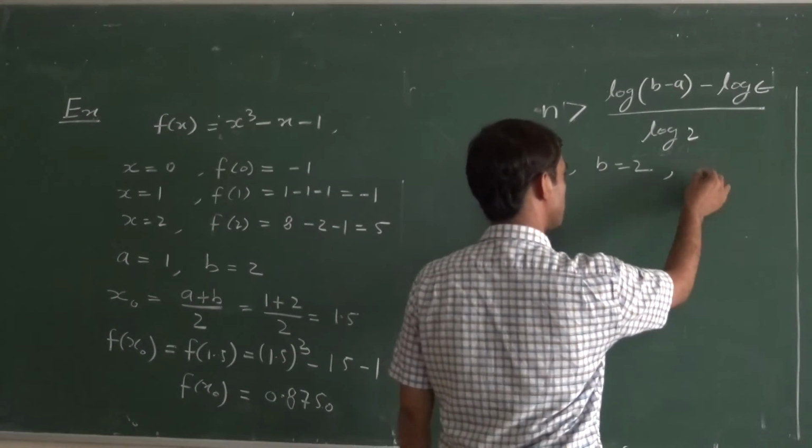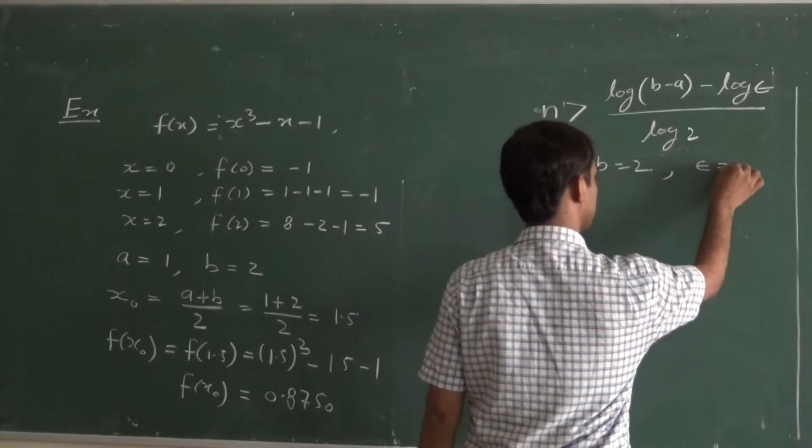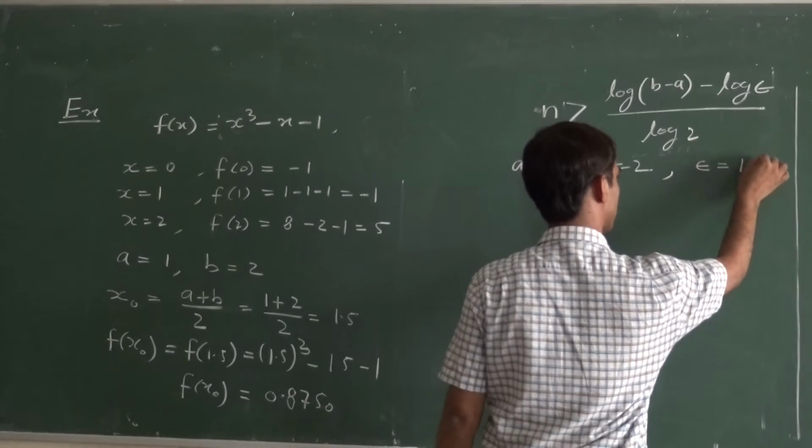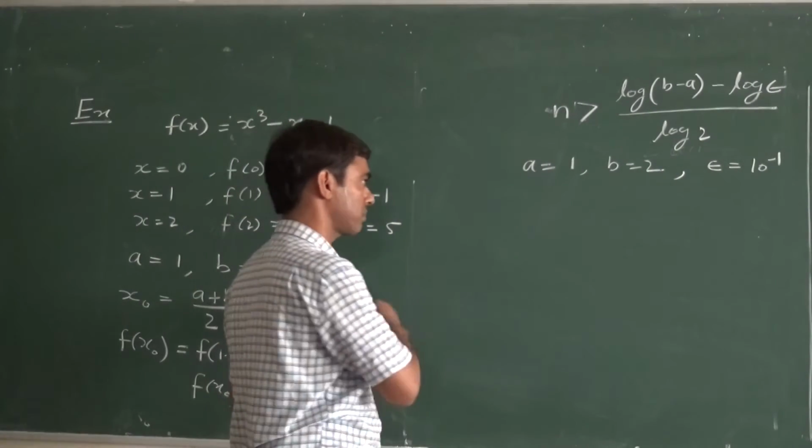Now suppose we try to find the root correct up to 1 decimal place. Then EPS is 10 to the power minus 1.